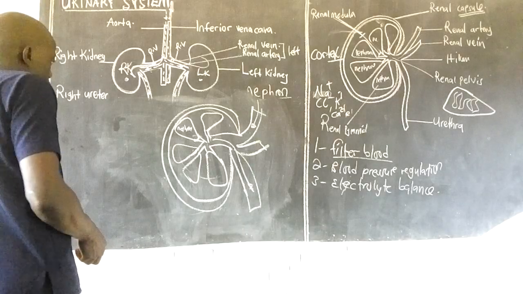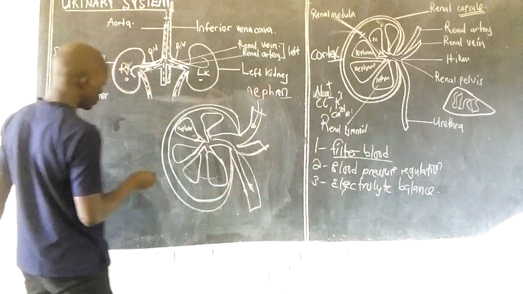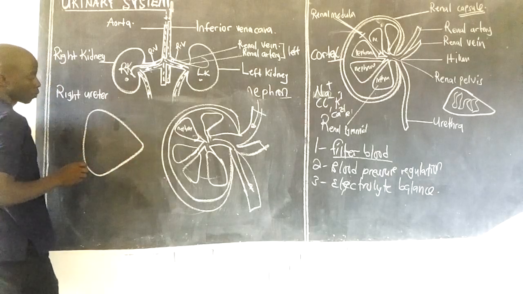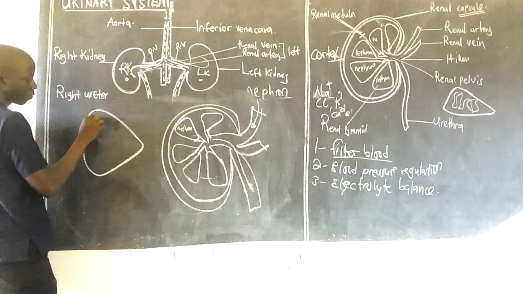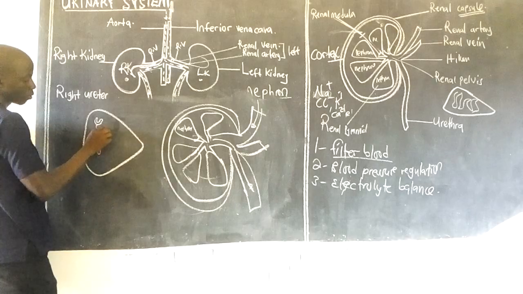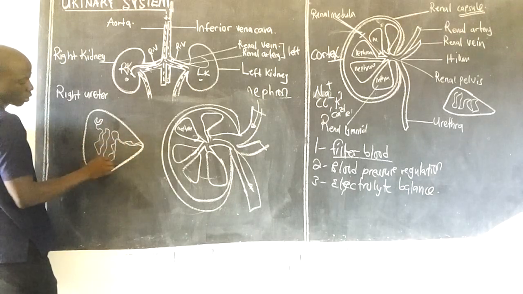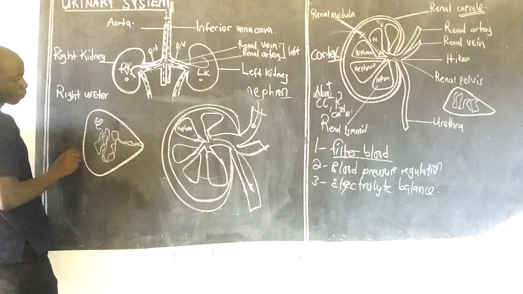So if I can just draw how a renal pyramid looks, a renal pyramid is like this, and in the renal pyramid we have the nephron.